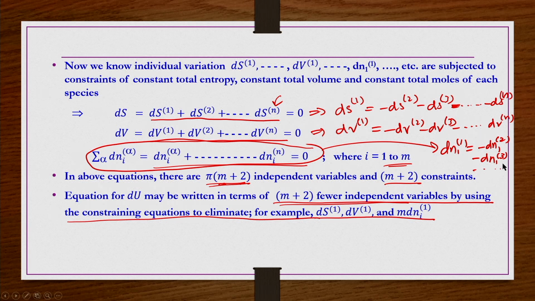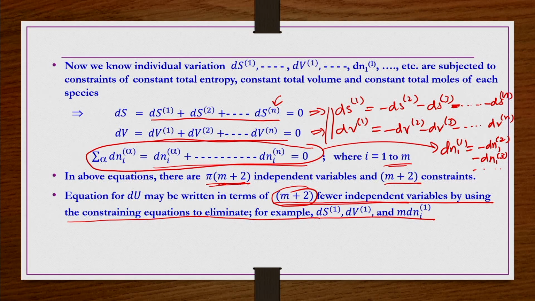So, if you count all of those variables, for m number of components you have m relations, and for dS and dV 2 relations, that is m plus 2 relations you can reduce. You can write the equation for dU in terms of m plus 2 fewer independent variables, those many fewer independent variables you can use for writing this dU equation by using these constraint equations, so as to eliminate dS1, dV1 and m dni 1 like that.